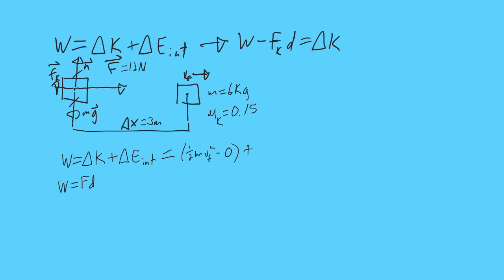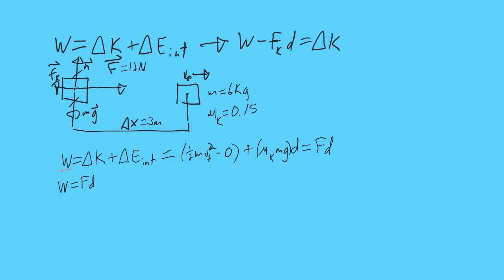And that is just going to be the mu mg, right? Multiplied by the displacement. And this is going to equal our force times displacement here. And so we are pretty much done. This problem moves very quickly, but we'll just take a moment to look over it.